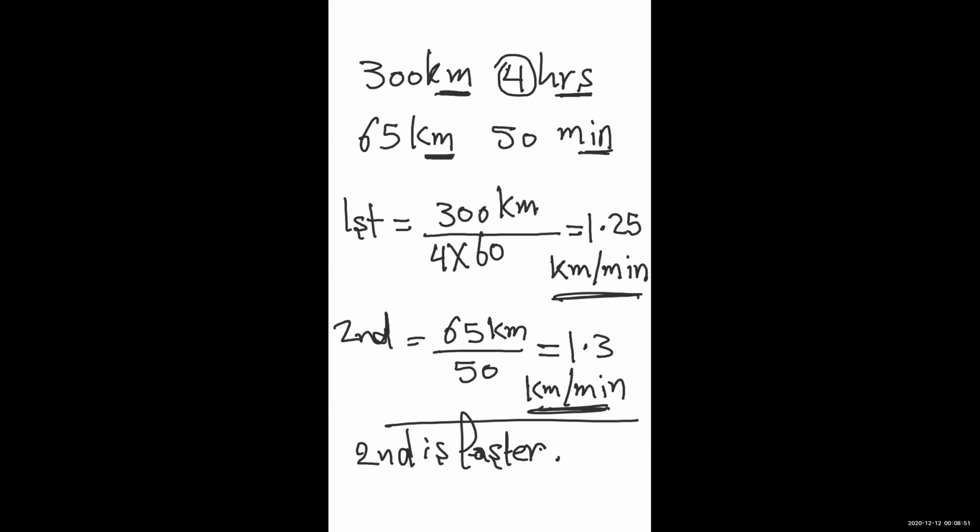So let's solve some questions from the exercise. I will start with question 3. Questions 1 and 2, choose and complete, are very easy. So question 3 in the exercise: a car covers 240 kilometers in 3 hours.